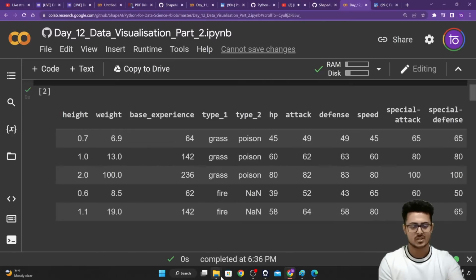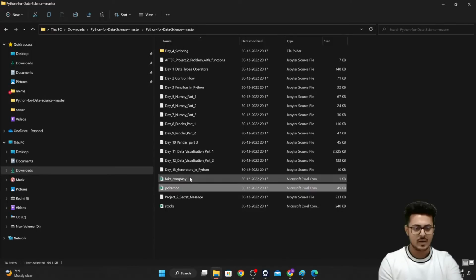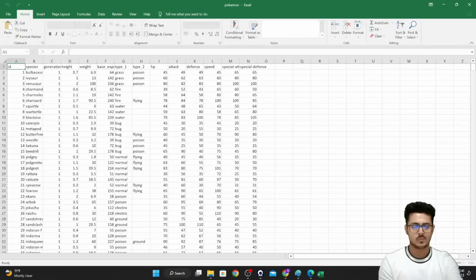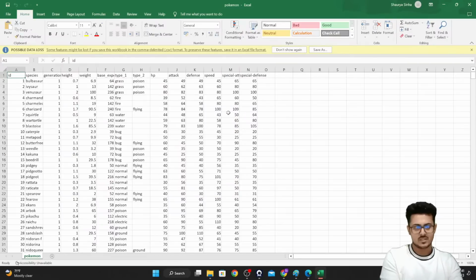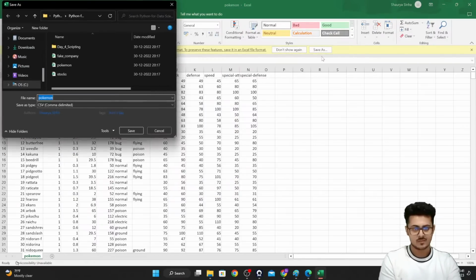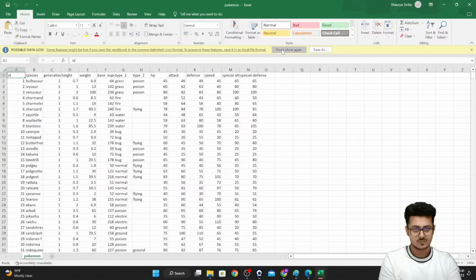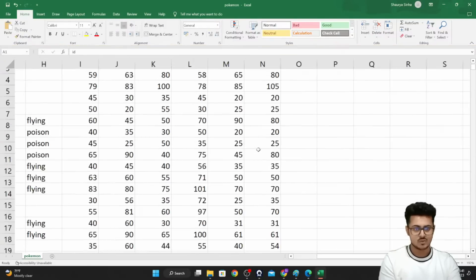Even if we go back to our data set and open it in an Excel sheet, let me zoom in a bit.